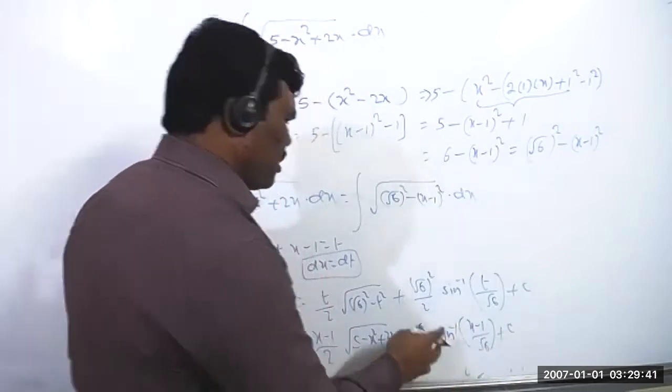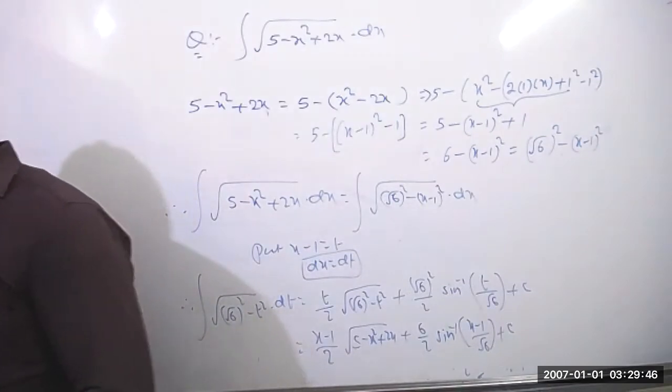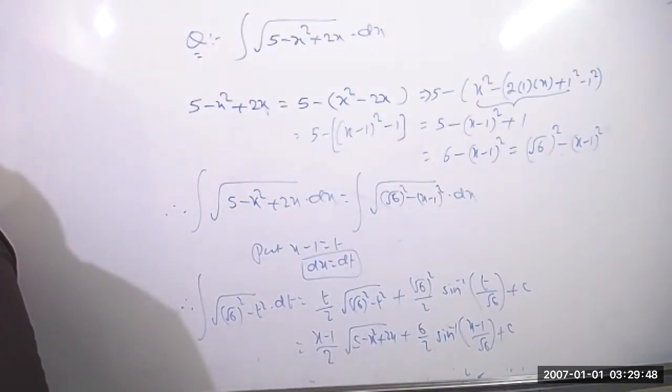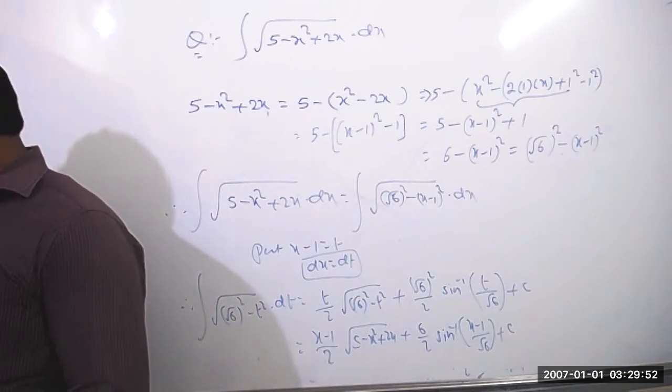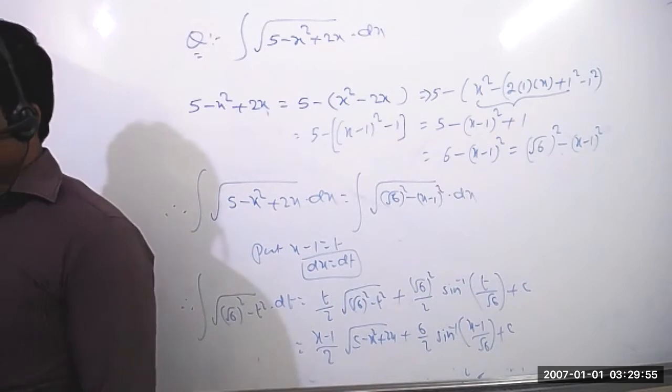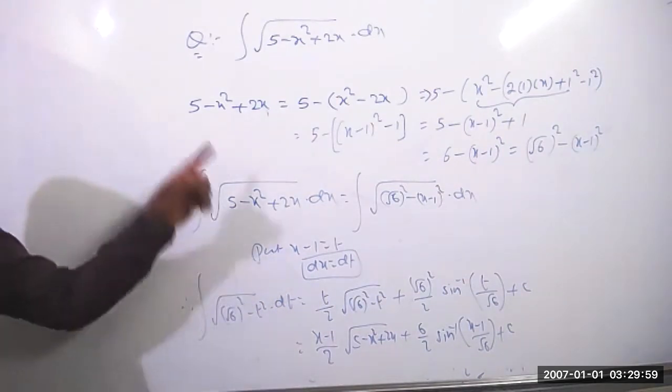Next step we can simplify it right now. 6 by 2 equal to 3. Then write the answer for that: x minus 1 by 2 into root of 5 minus x square plus 2x, plus 3 into sine inverse of x minus 1 by root 6 plus c, by using the second formula.